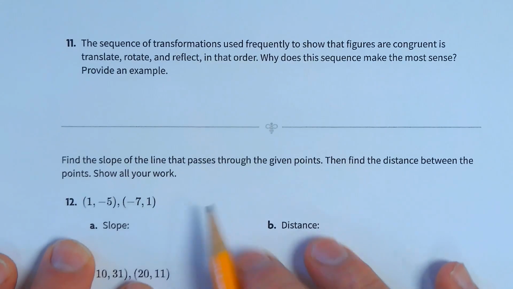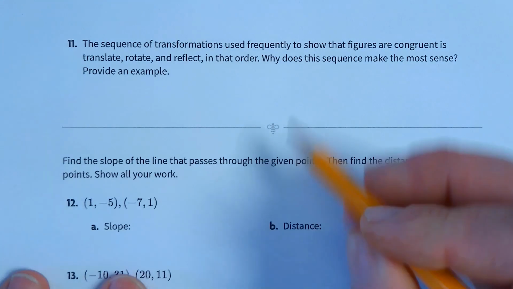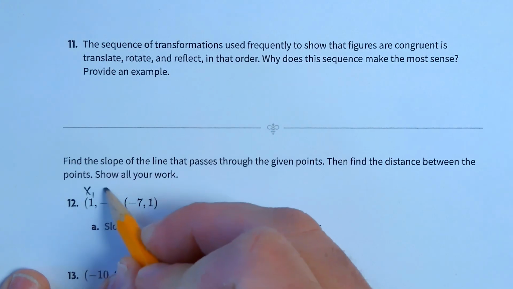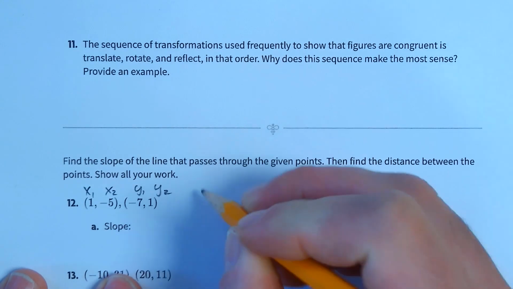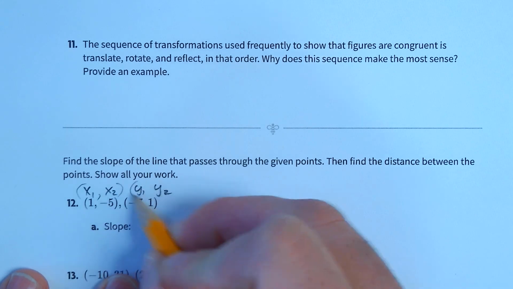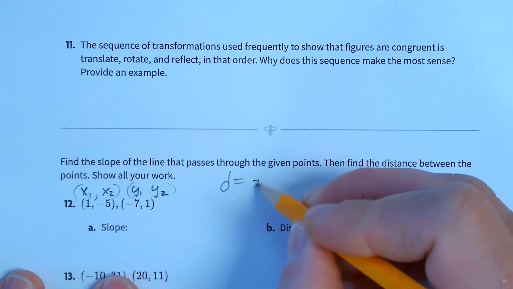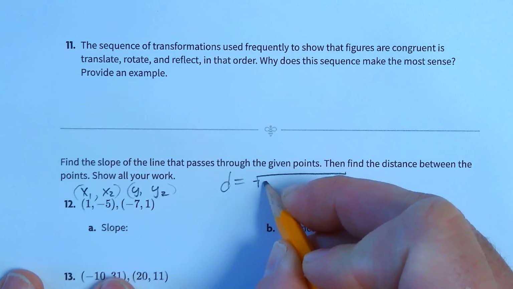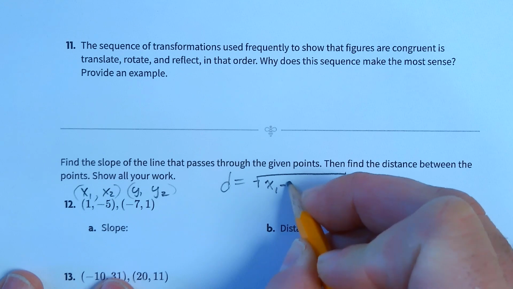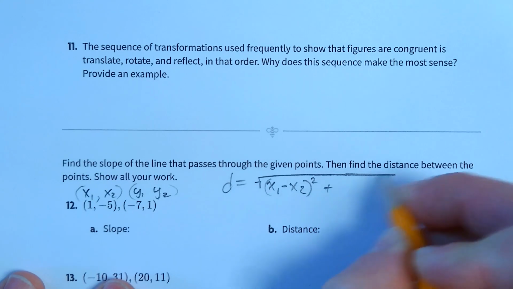Find the slope of the line that passes through the given points. Then find the distance between the points. Remember, distance, if this is x sub 1 and x sub 2, and this is y sub 1, y sub 2, then the distance formula is, I'm just going to put x sub 1 first, and square that, and then add.